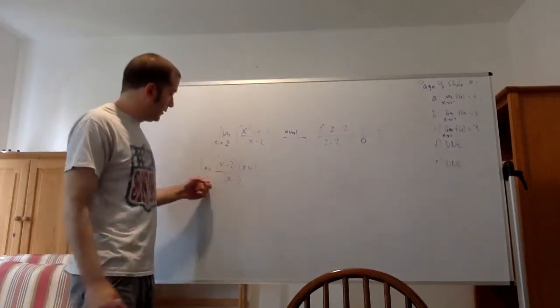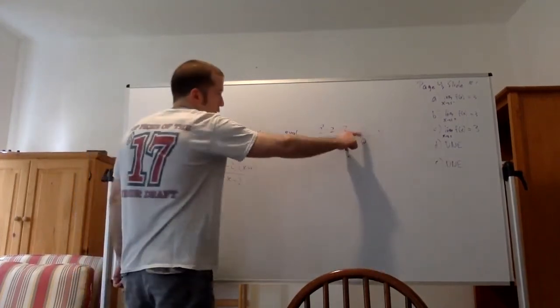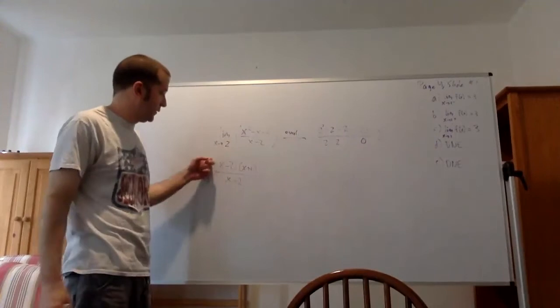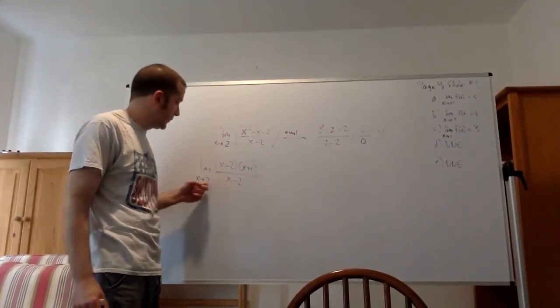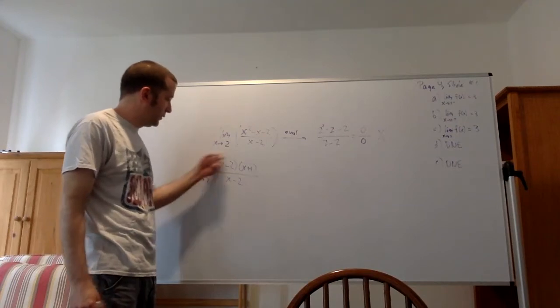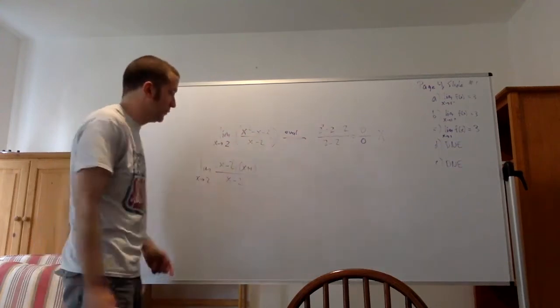And what this shows me is that the reason this was 0 over 0 is that there was a factor of x minus 2 on top and a factor of x minus 2 on the bottom. When x is 2, this factor is 0 and that factor is 0, and that's why I got 0 over 0.